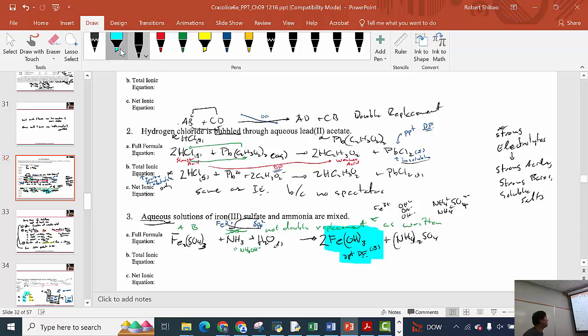If I multiply that by 2, how many hydroxides do I have total? 6. How many hydroxides do I have from ammonia and water? Only 1. So I need to multiply everything by 6. I have to have 6 ammonias and 6 waters, which will yield 6 ammonium hydroxides.